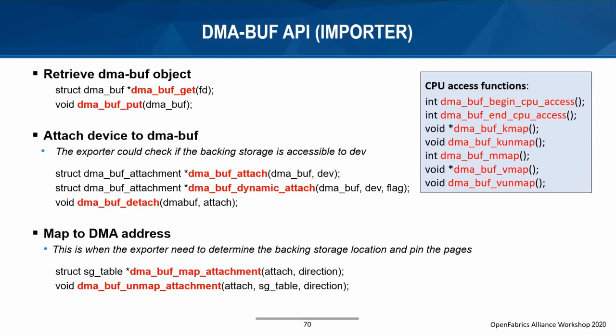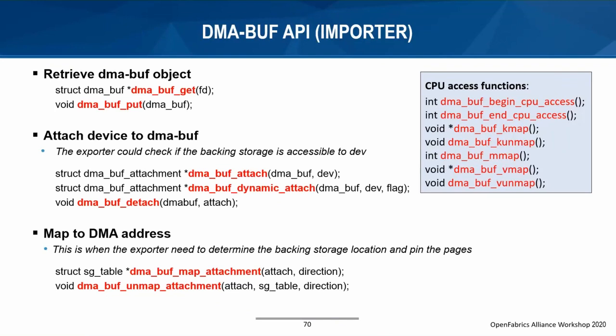Because the attach function is actually calling the method exported by the exporter, the exporter at this time has the opportunity to check if the storage backing the DMA-BUF is actually accessible to this device, and so it can return success or failure, depending on the situation. And there's also an option to attach dynamically. That is for a different scenario.